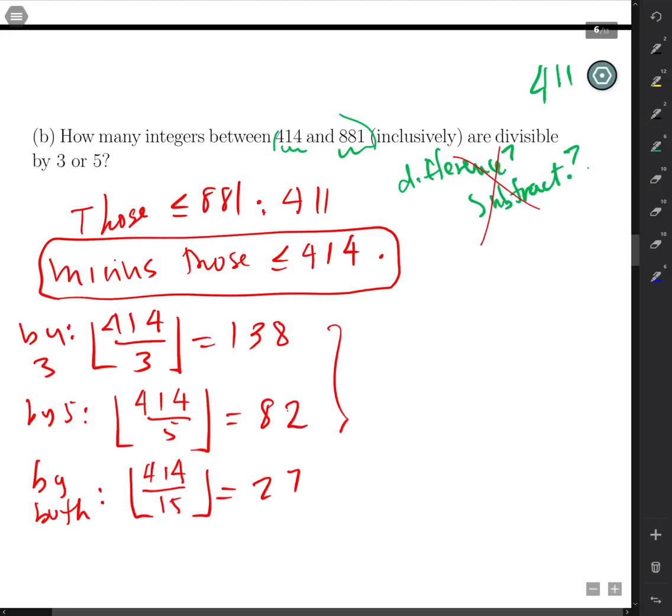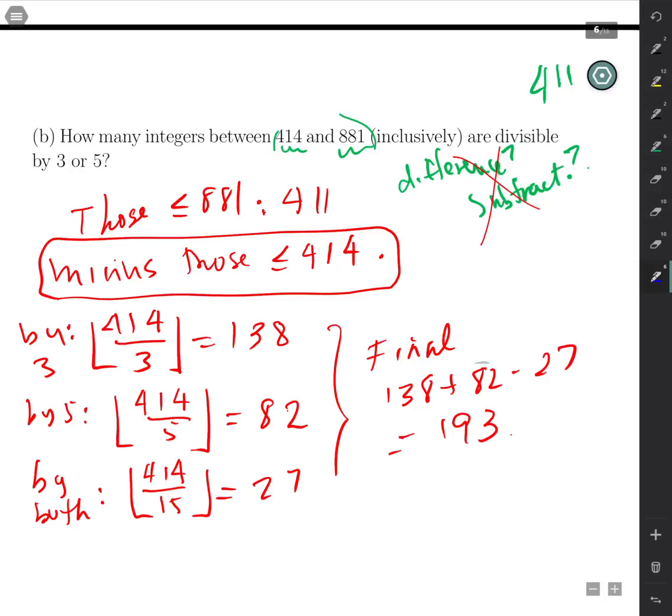So in this case here, we get the final result for this as 138 plus 82 minus 27. And when you add that, let's see, the 138 and 82 is 220, minus 27, so that's equal to 193. Let me go back to a better color here.